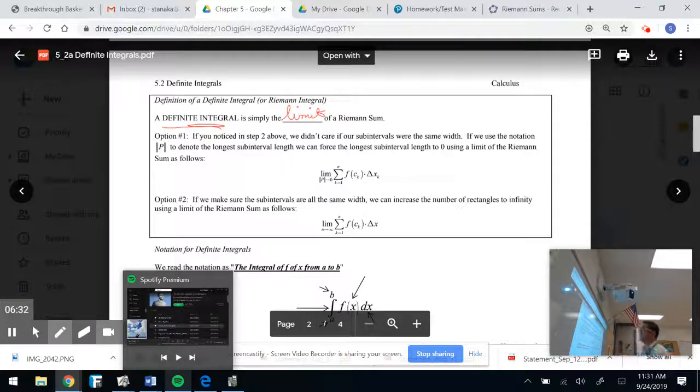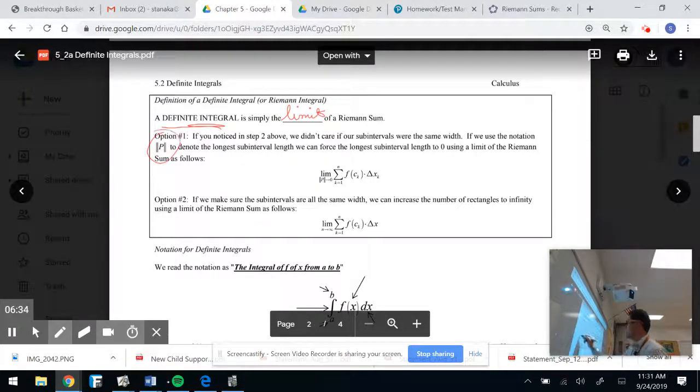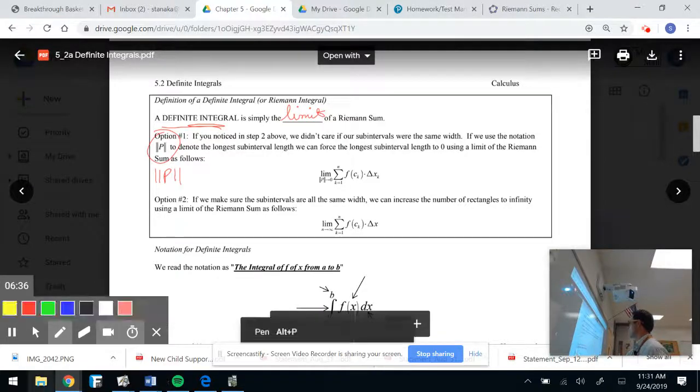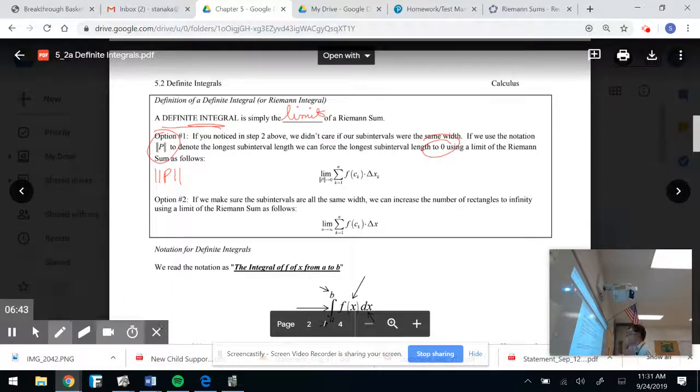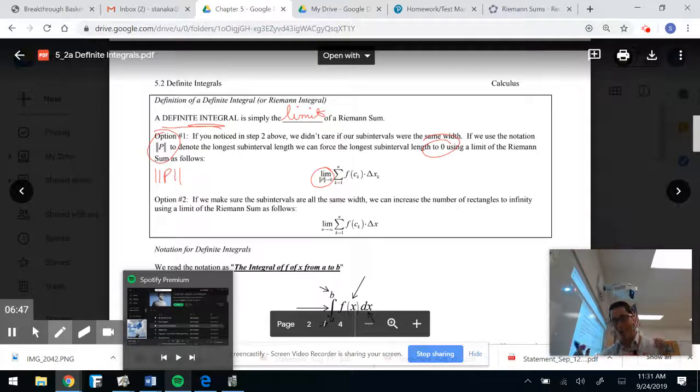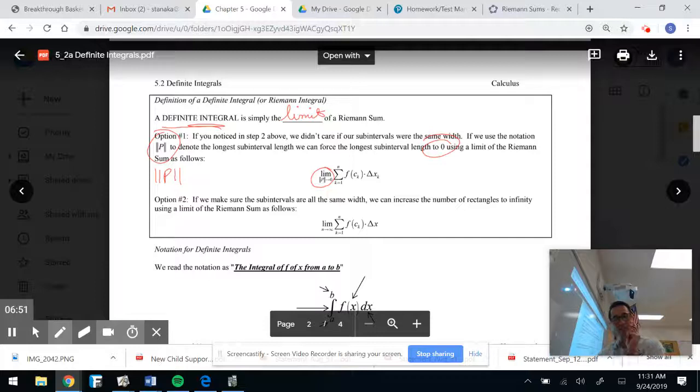We use the notation, called the magnitude, to denote the longest subinterval. We want the subinterval really to be 0, right? The limit allows us to take it so the width between those rectangles is 0. If the width between those rectangles is 0, it's like having an infinite amount of rectangles. Once again, the idea of a limit allows us to do that.